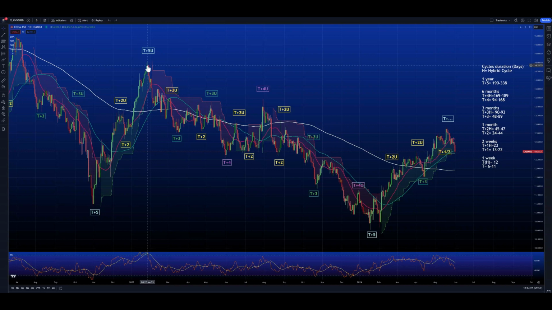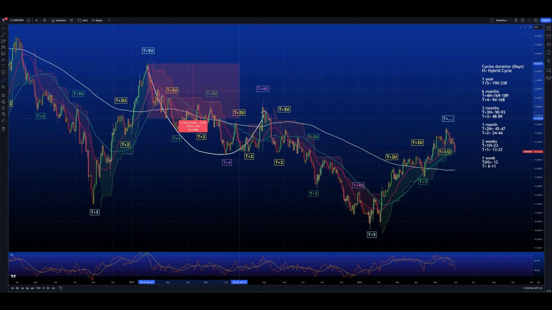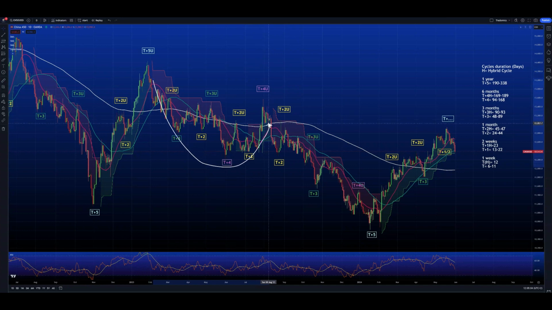So from this top occurred on the 27th of January 2023, we have had a first upward T plus 4, or 6 months cycle like this that has been negative, because the top in which it ended was lower compared to the top from which it started, and the upward cycles always compare top with other tops, of a total duration of 132 days.